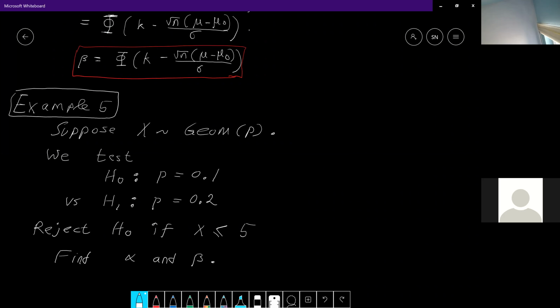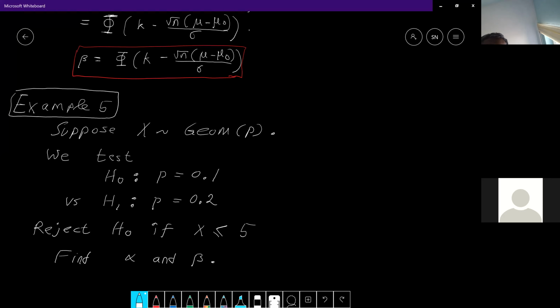So we have data that has a geometric distribution with parameter P. We are testing for P equal to 0.1 versus P equal to 0.2. And the rejection rule is that X is less than or equal to 5.